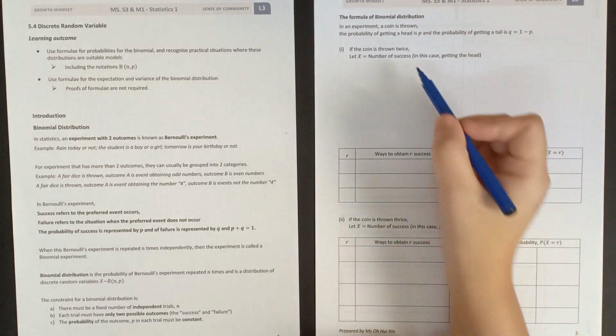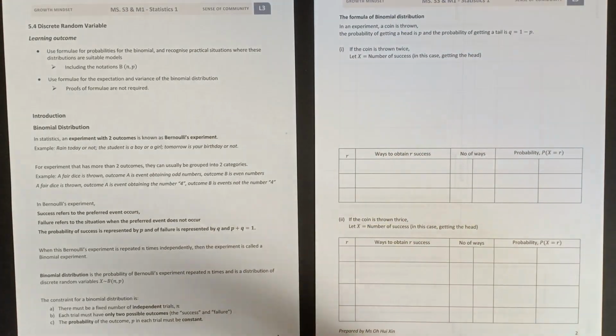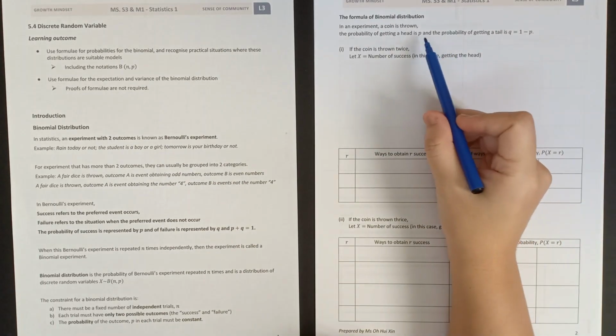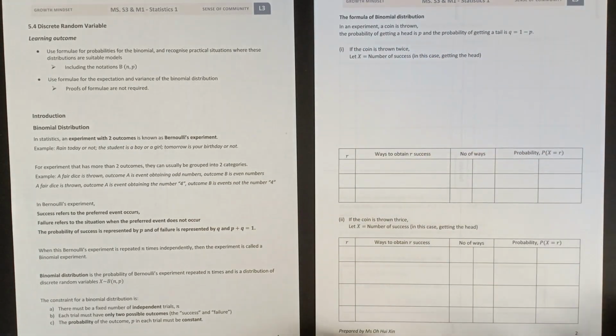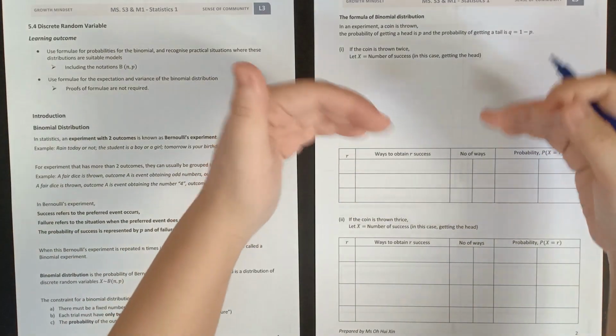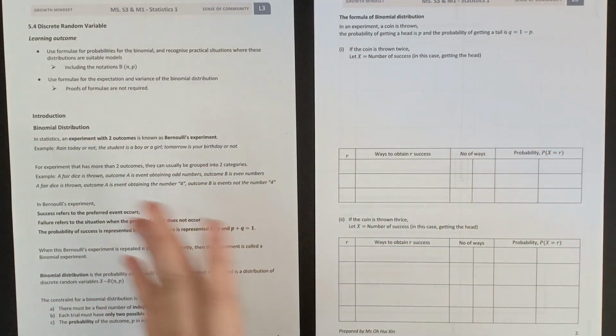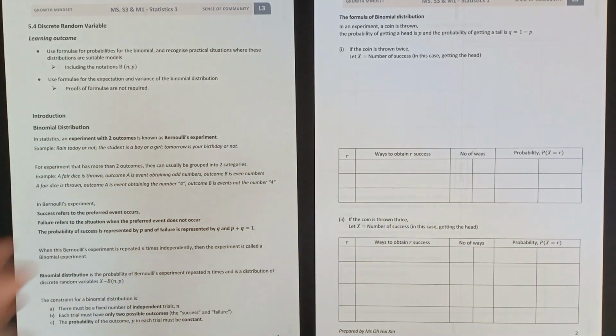For this one we do some derivation for the formula, so I don't want to use 1 over 2 and 1 over 2, because you can't differentiate which 1 over 2 belongs to the head and which belongs to the tail. So for all the working, the probability of getting a head we set as P, and the probability of getting a tail we set as Q.